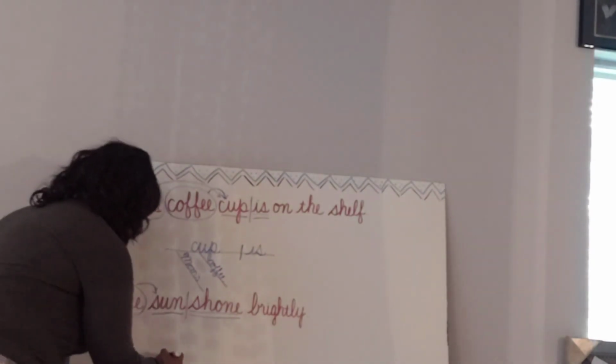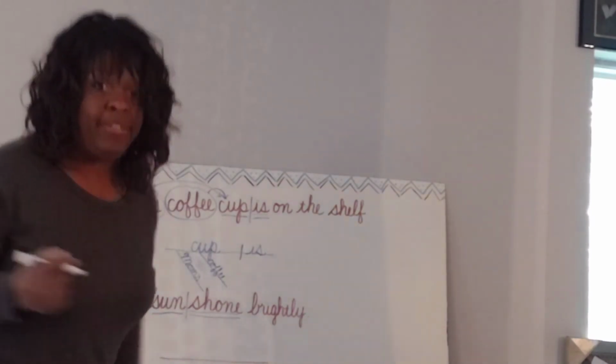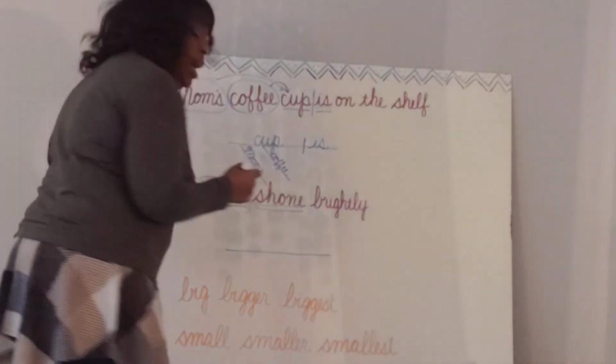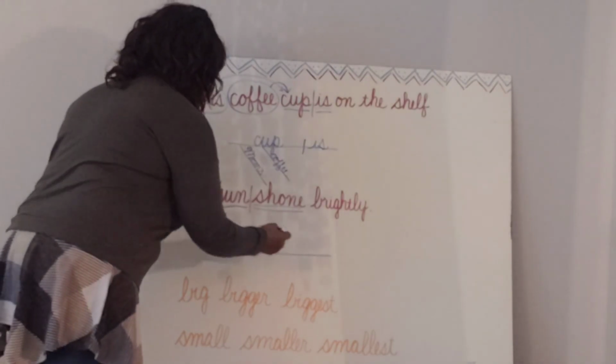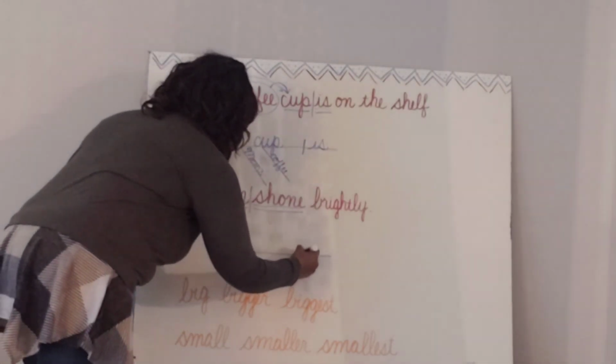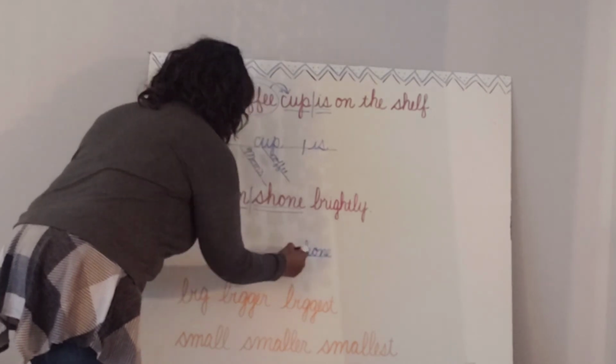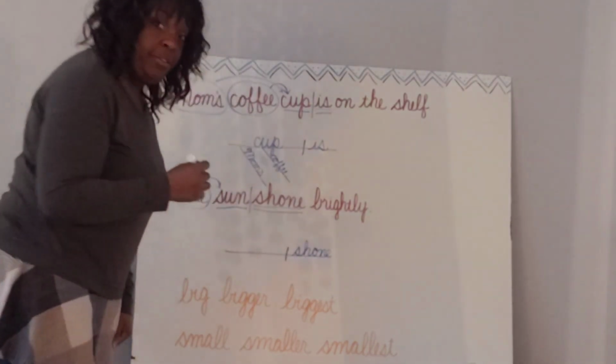So underneath, we are going to do our diagram line. If you can see it, and I don't think that you can. There we go. All right. So we do our diagram line. Shone is what we write first, our verb on the right side, small vertical line in front.